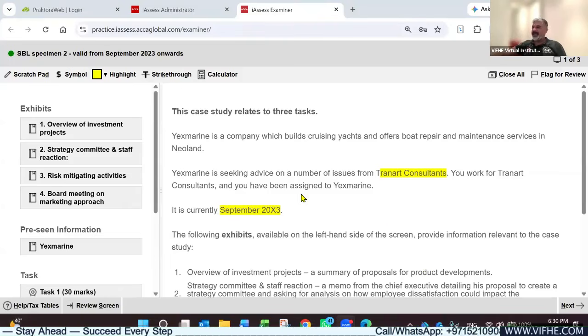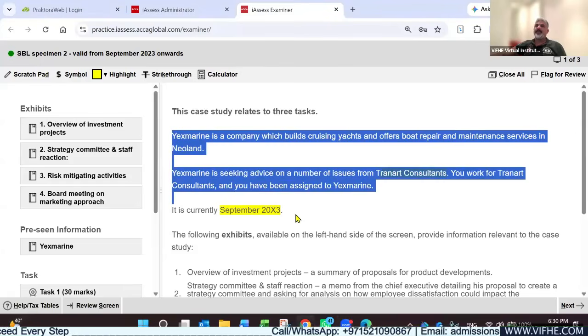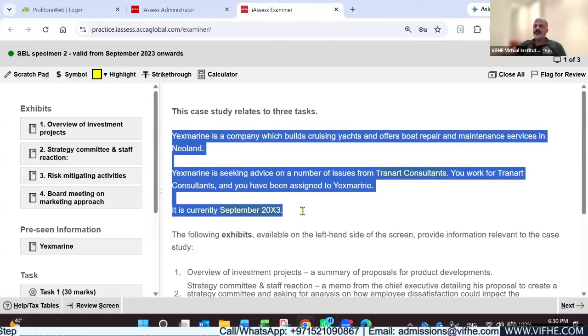So on the landing page, you will see a bit of information here. Here it will say Yachts Marine is a company which builds cruising yachts, and then your role will be mentioned here. Very important.